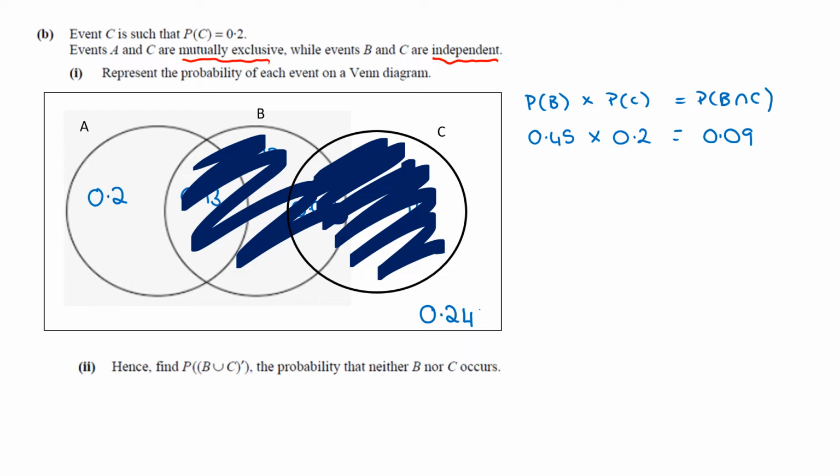So the probability of B union C complement is equal to 0.2 plus 0.24, which is 0.44.